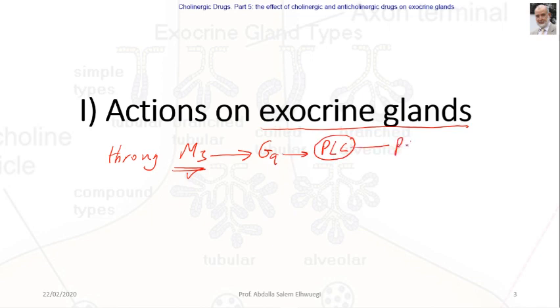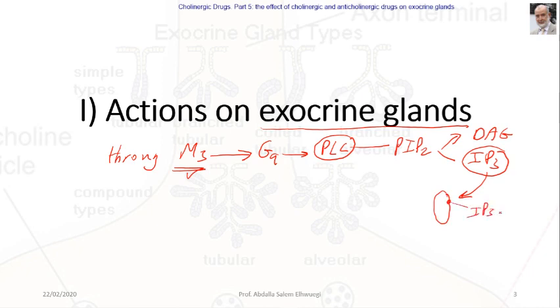Phospholipase C will act on inositol diphosphate to produce two second messengers, diacylglycerol or DAG, and IP3, inositol triphosphate. This inositol triphosphate will leak into the cytoplasm, where it will act on the IP3 receptor present on the sarcoplasmic reticulum, and this IP3 receptor will open the calcium channel.